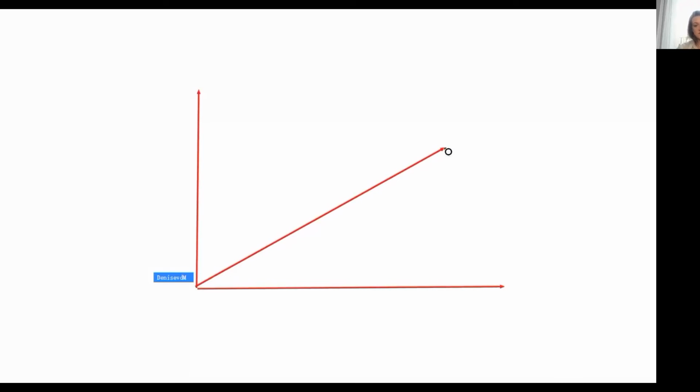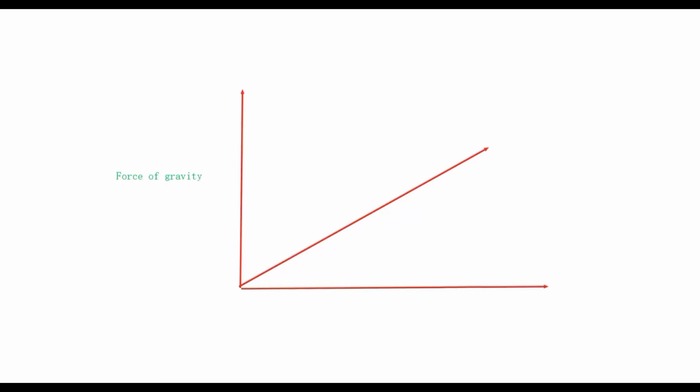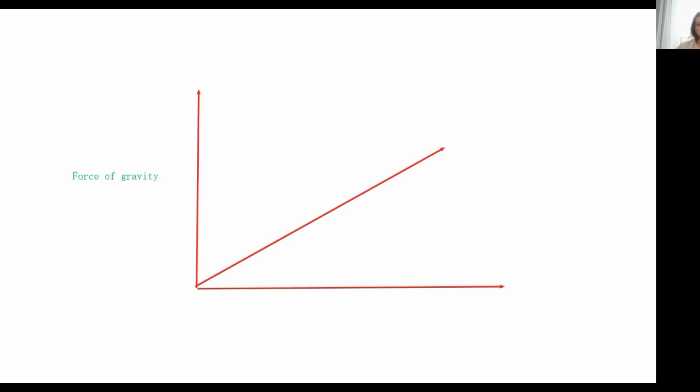An easy way to remember these ones is the y-axis is force of gravity. And this is not talking about the acceleration that's pulling it down. This is weight. We also call it weight. The next one you can consider in the y-axis will be drag force or air resistance.